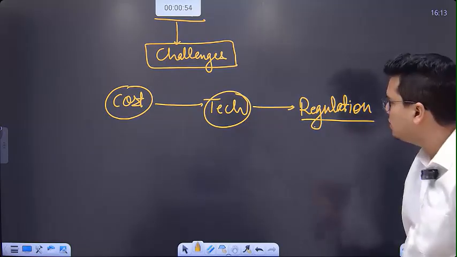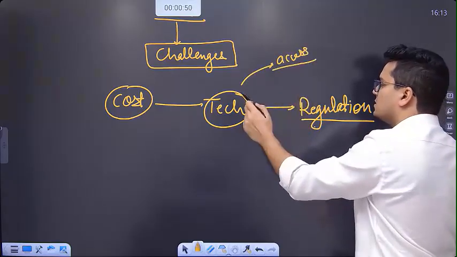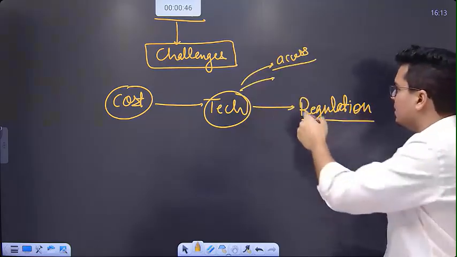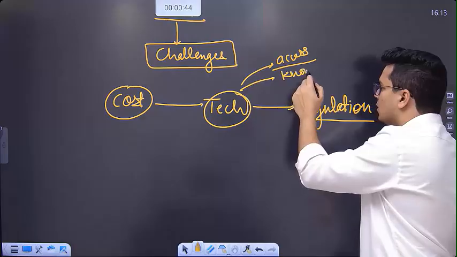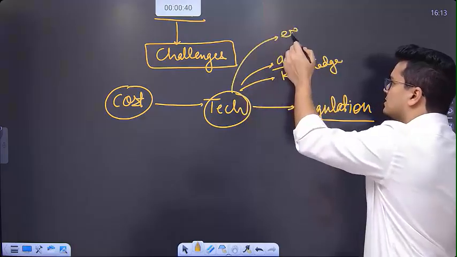Yes, in technology, you can write challenges with regards to access, challenges with regards to people not being accepting of knowledge, us not having proper extension systems.